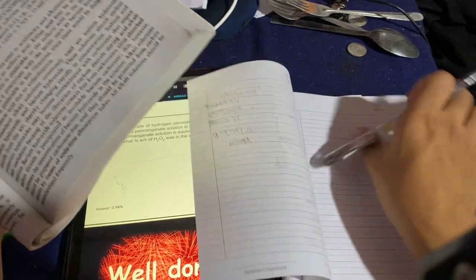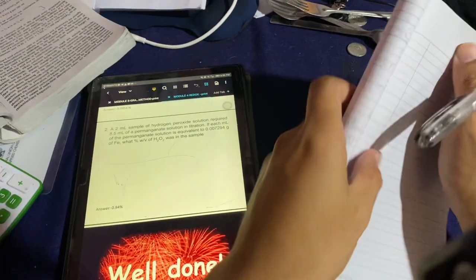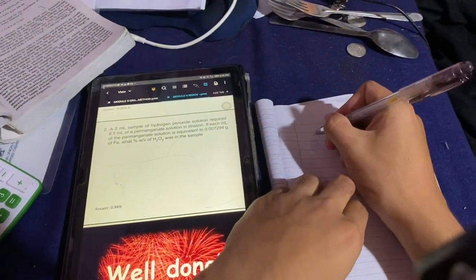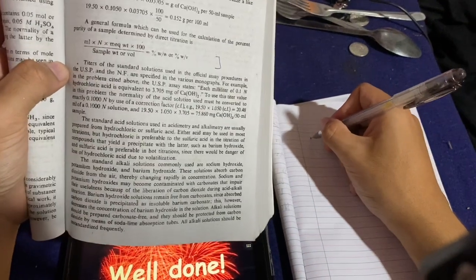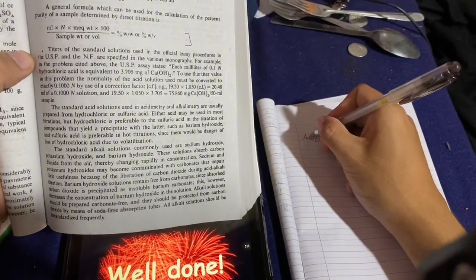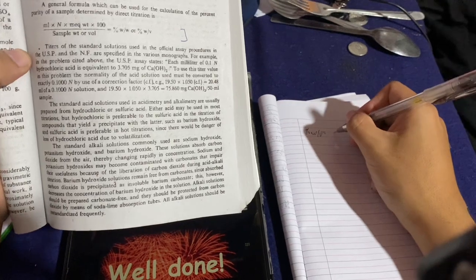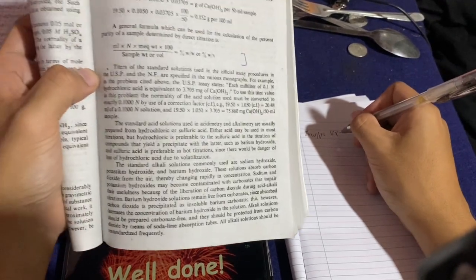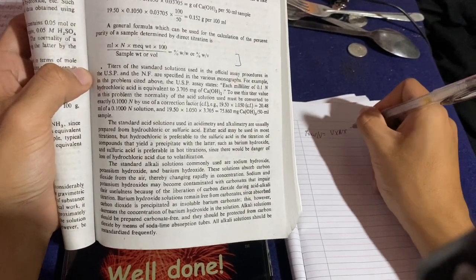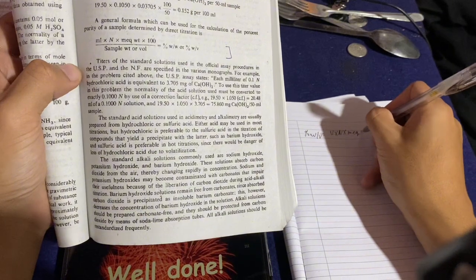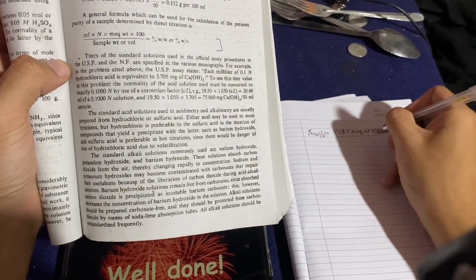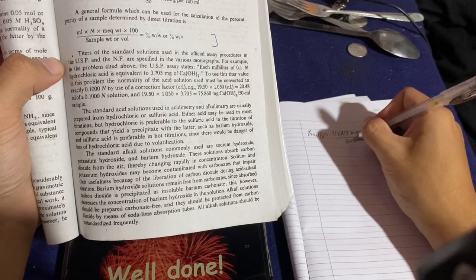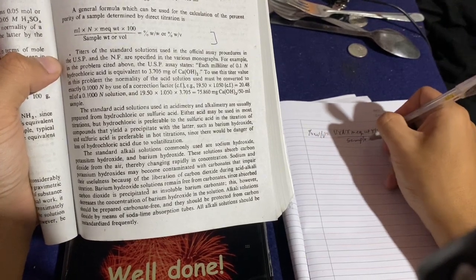So that's what we will do. We take this formula, which is weight over volume, the percentage. So it equals volume times normality times milli equivalent weight times 100, then over sample volume.